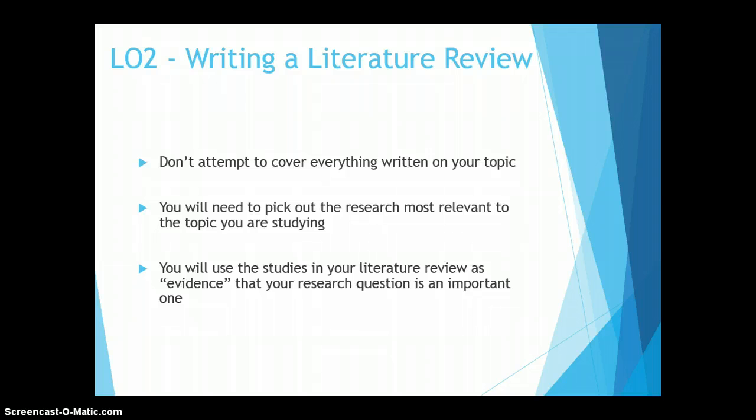You've got to be very specific with the literature that you discuss and make sure that research is focusing on what your research topic is focusing on. You'll need to pick out the research most relevant to your topic, and you will use the studies in your literature review as evidence that your research question is an important one. So again, it's about justifying why you're doing what you're doing.